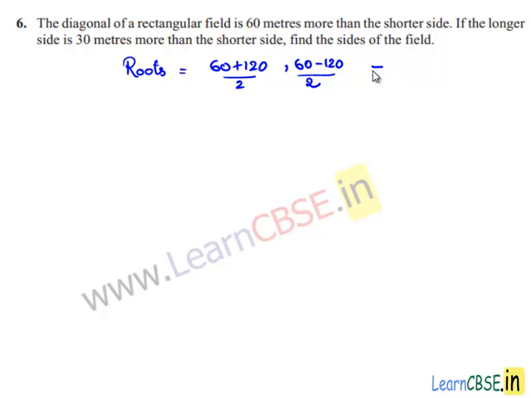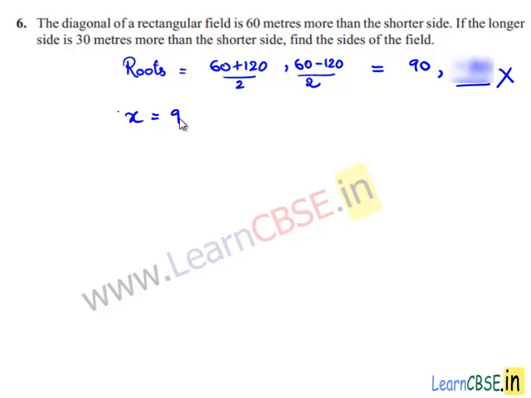Therefore roots is equal to 60 plus 120 is 180, 180 divided by 2 is 90, and 60 minus 120 is minus 60, minus 60 divided by 2 is minus 30. Since minus 30 cannot be the side of the field because it is negative, hence this value can be ignored.